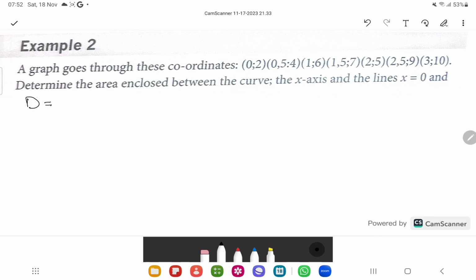The distance has to be the same, and you're going to get the distance from the x coordinate.